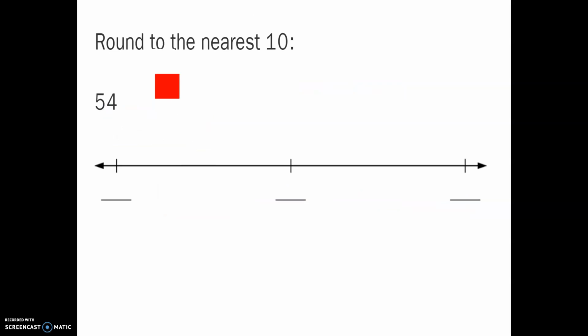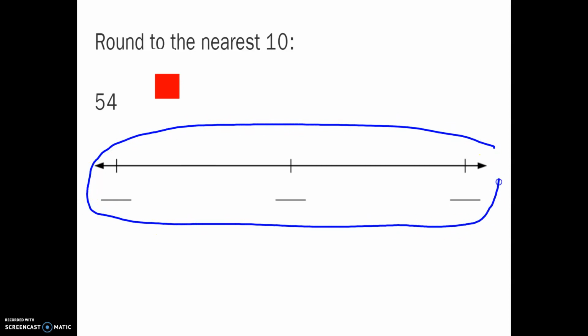So we're going to talk about a number line. This is a number line. We're going to use a number line a lot in math this year. So our task is to take the number 54 and round it to the nearest 10. Under the number line, I've got 3 lines and I've got 3 ticks. So on those lines underneath the ticks, I'm going to write what 10 numbers 54 is between. So 54 is between 50 and 60.